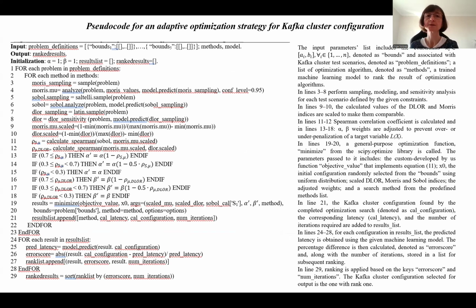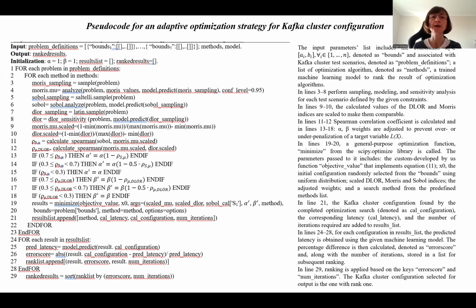On this slide is specified an algorithm in pseudocode of the adaptive optimization search strategies that we propose to find the Kafka cluster configuration.